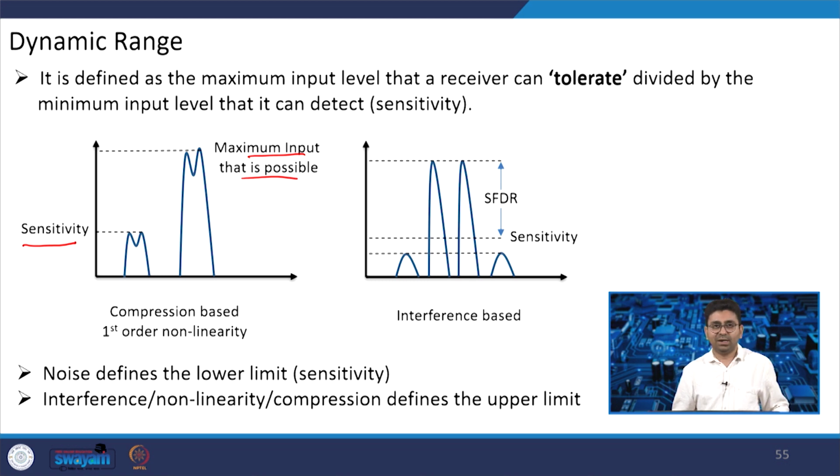It is called the dynamic range, and this is compression based, or due to the first order non-linearity, because compression will occur and this will limit the maximum input level.